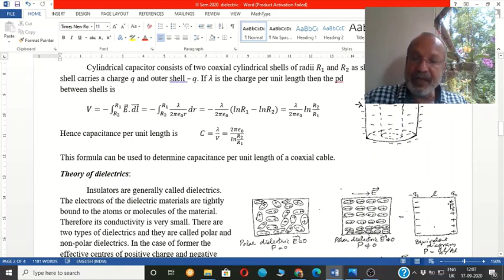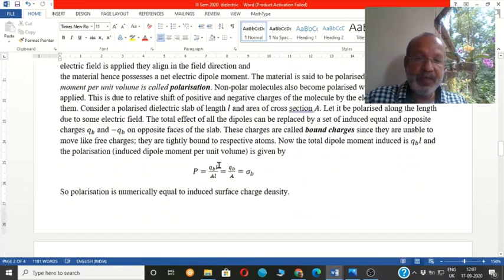So instead of counting all the dipole moments separately, since this is equivalent to this, the total dipole moment will be QB into L. And dipole moment per unit volume is the polarization P.